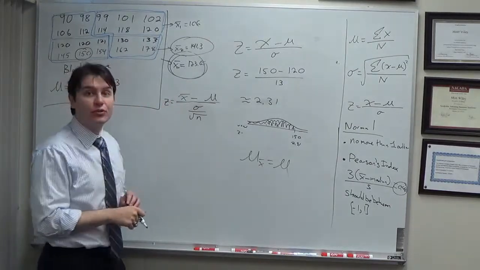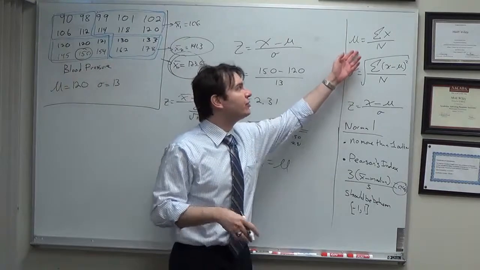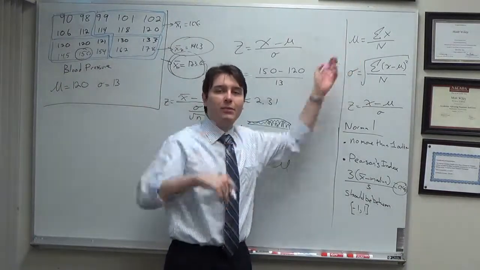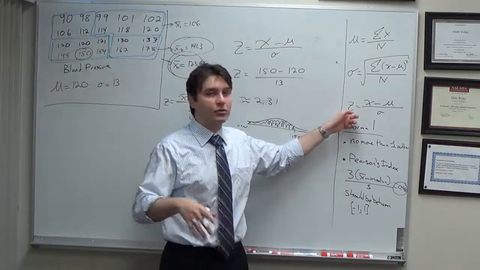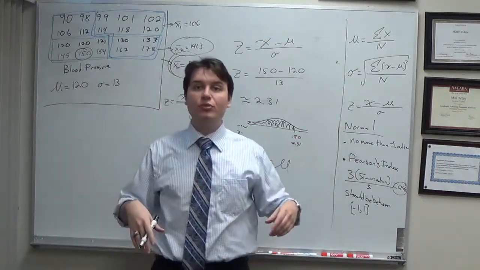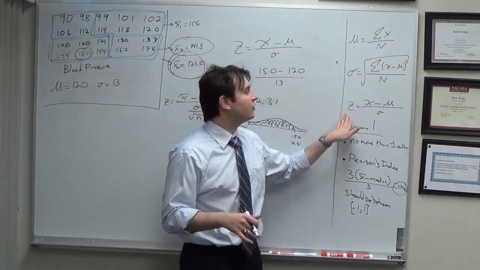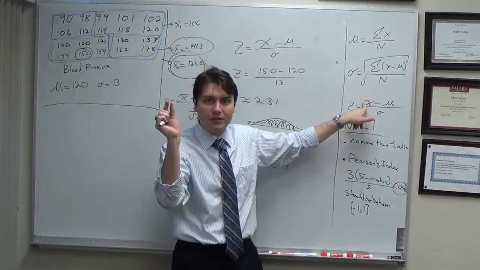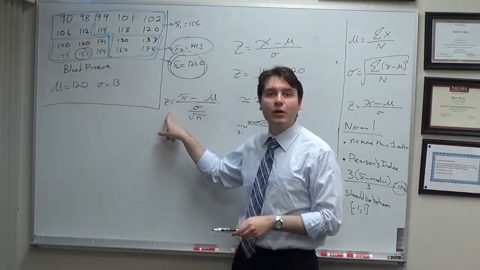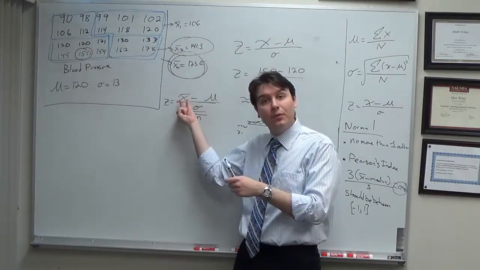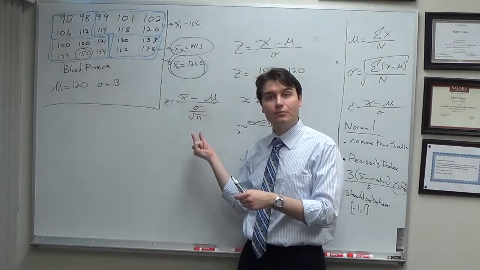This is a new z-score. Just like we had introduced a sample and a population mu and mean, so too, now we start to introduce some new z-scores. This z-score compares a single point to the population. This z-score compares a sample to the population.